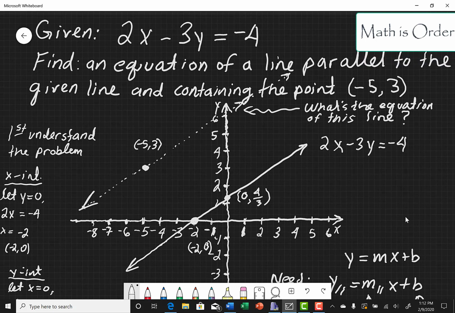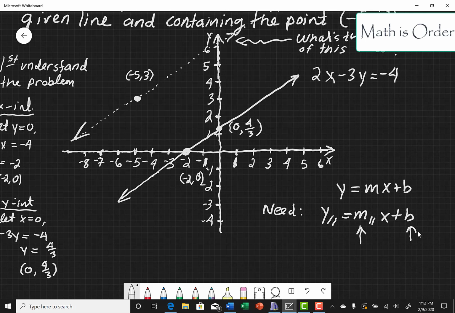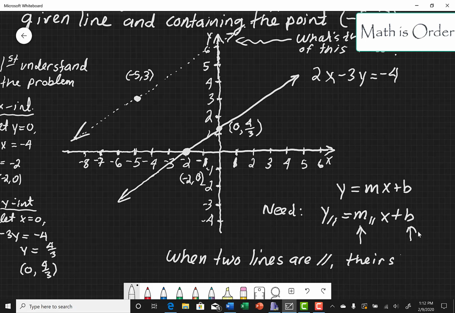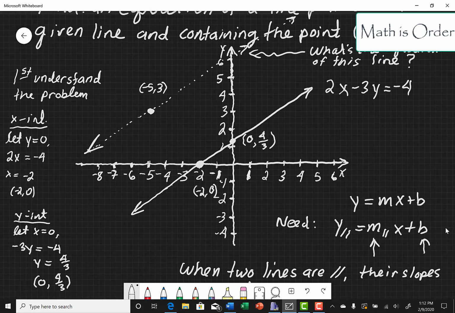And in order to solve this problem, we need to know some other rules, which is that when two lines are parallel, their slopes are equal. All righty, so now let's go ahead and solve this problem.